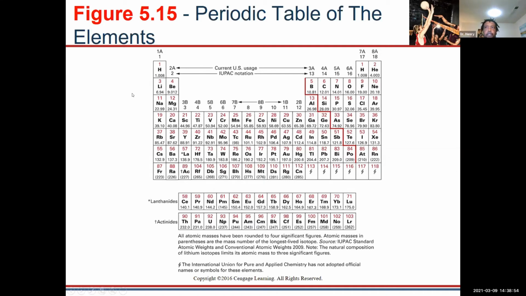You'll see some of the older periodic tables actually have 1A, 2A, 3A, in addition to having 1 through 12 defining each of the groups. And you've already been learning the differences between the metals and the non-metals.